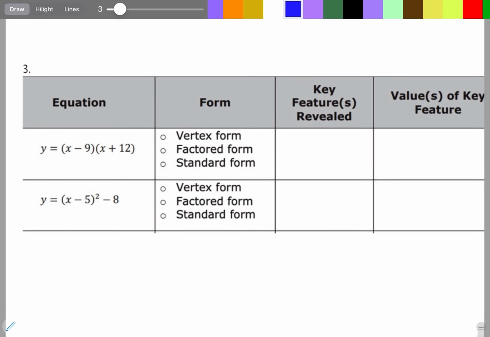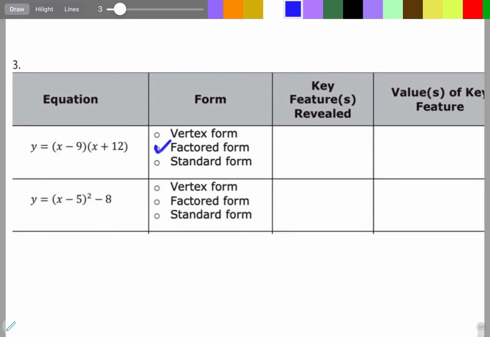Right here, this problem is in factored form, which tells us y equals x minus p, x minus q. So this value right here, 9, is p, which is an x-intercept.